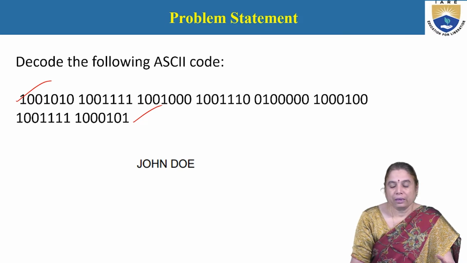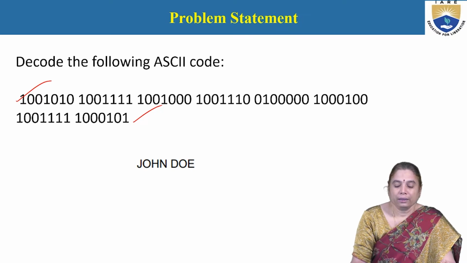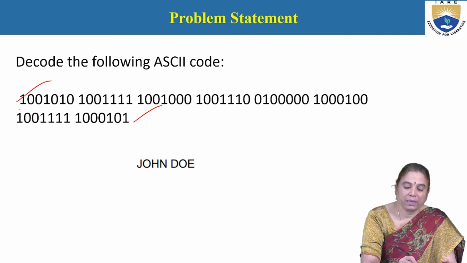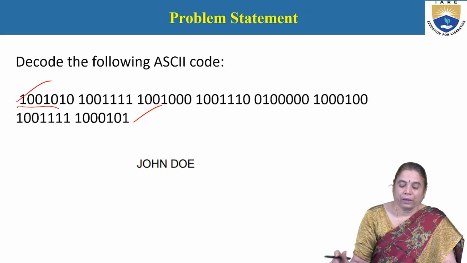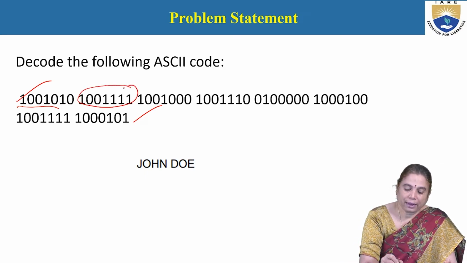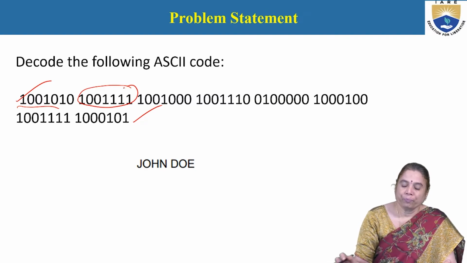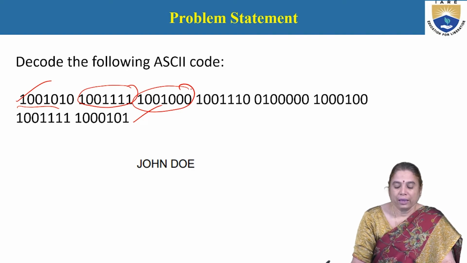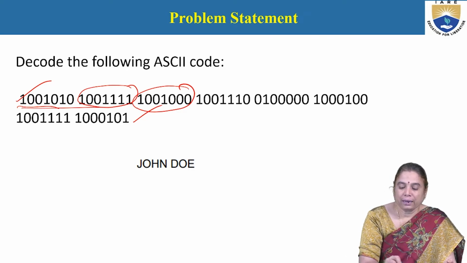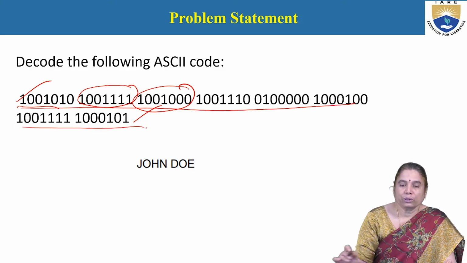Each combination has a specific meaning, and the letter J has its own 8-bit value. Like that, the next byte has the value of O, and the next bytes have the values of H, N. So the ASCII code that is represented can be decoded as John Doe.